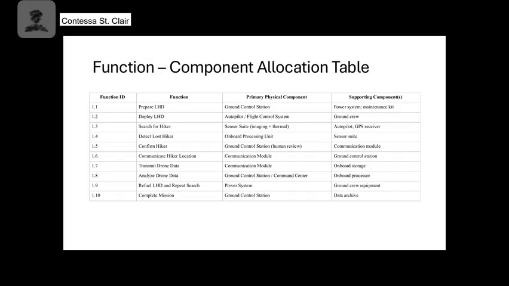The function is further shown by the component allocation table. This table shows how main functions are allocated to physical components. These functions include preparing the LHD, the deployment of the LHD, searching for the hiker, detecting the lost hiker, confirming the hiker, communicating hiker location to the operators, transmitting drone data to the operators and the system itself, analyzing that drone data, refueling the LHD, repeating the search until necessary, and completing the mission.